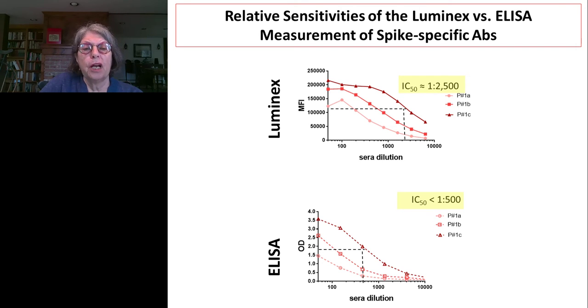In the upper graph, we're looking at the results generated with the Luminex. And in the lower graph, you see the results generated by ELISA.